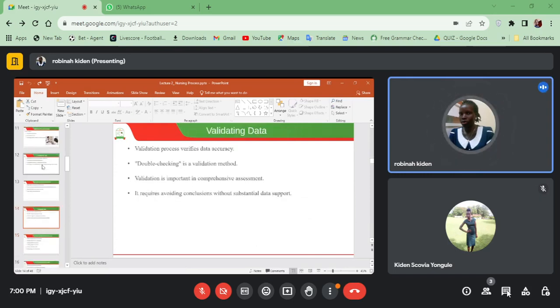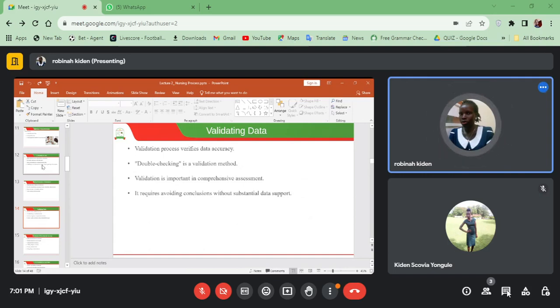For instance, you take blood pressure and it is high, it means the person may be having high blood pressure, but you are not sure. This is not conclusive. So what you will do is take it again. If you take it like 3 times after the patient has rested, then again after the patient rests and it still shows the same, then you have the right to involve the doctor in that.